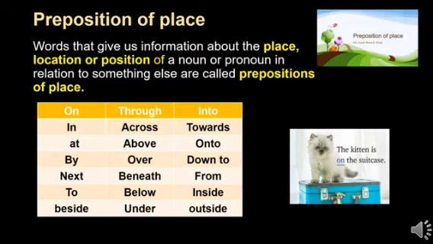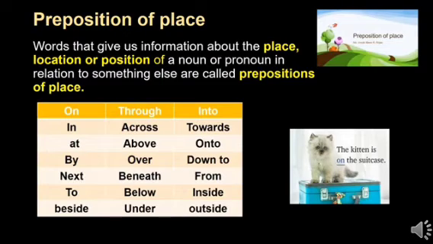Here are the words which indicate the place, location or a position: on, in, at, by, next to, beside, through, across, above, over, beneath, below, under, into, towards, onto, down to, from, inside, outside.